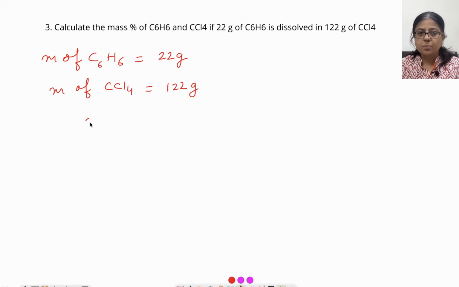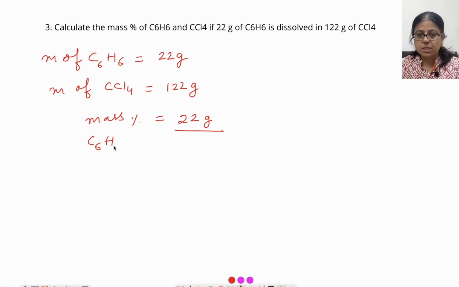To calculate the mass percentage of CCl4 as well as of benzene, we have to calculate it for both of the components. What you have to do? You have to divide 22 gram by the total mass of both components present in the solution.